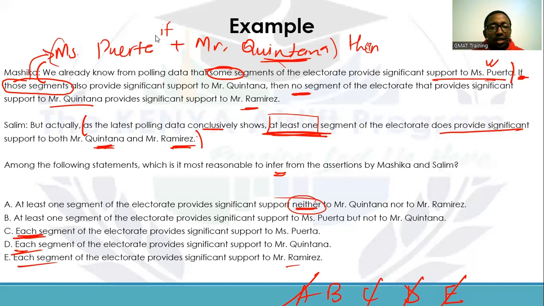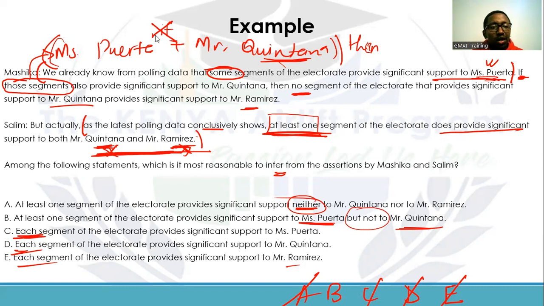But our second fact here says that actually one segment supports significantly both Mr. Quintana and Mr. Ramirez. So what does this mean? This means that this if is not true, because if it was true, this would not be possible. So B, at least one segment of the electorate provides significant support for Mrs. Puerta, but not Mr. Quintana, because now we know that not all the segments that support Mrs. Puerta support Mr. Quintana.